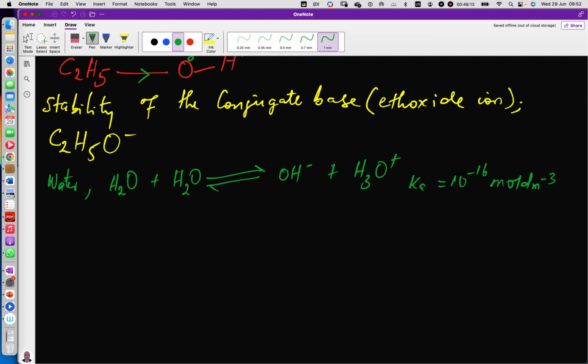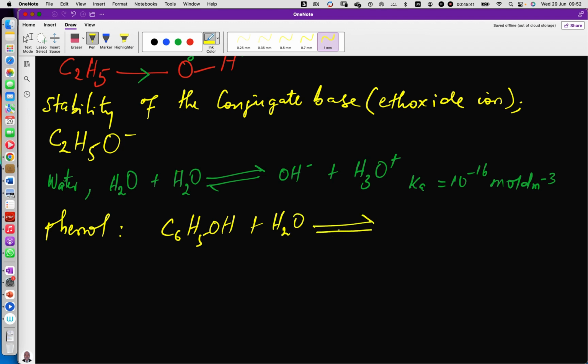Phenol, C6H5OH, plus water will give a phenoxide ion, which is C6H5O minus, plus a hydronium ion.